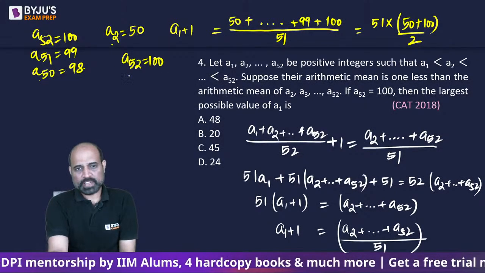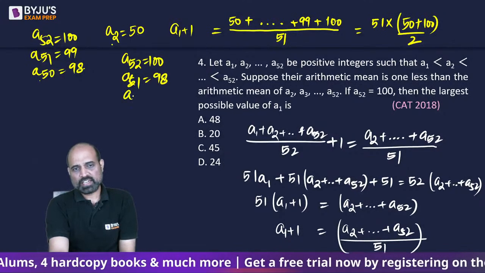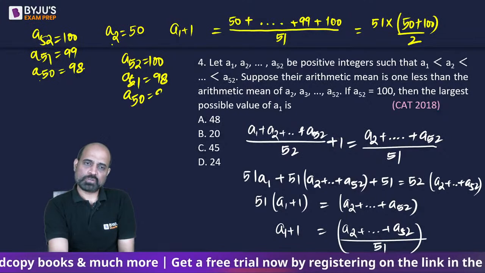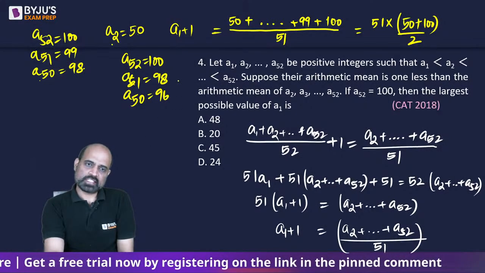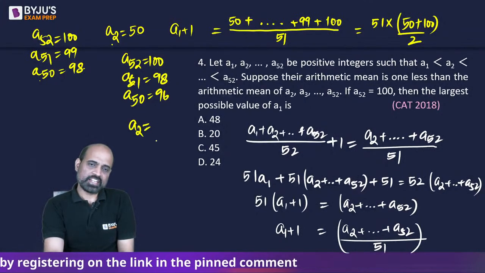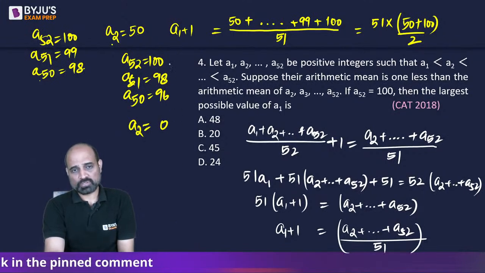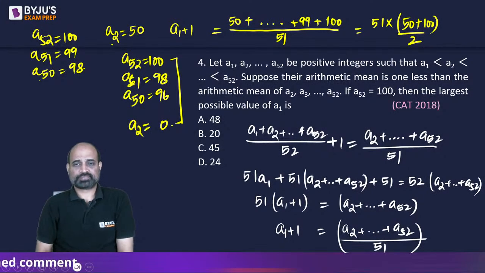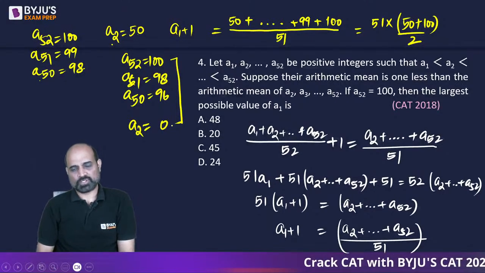The common difference being 2, A51 is going to be 98, A50 is going to be 96. If I go by this, तो इसका double में से 4 कम. So A2 is going to be A2 का double, so this is going to be 0. That is not going to happen.